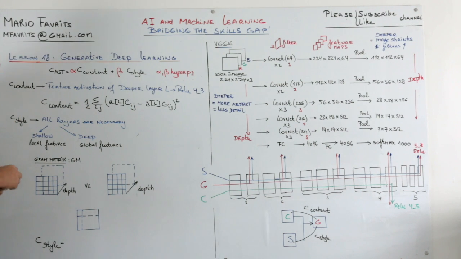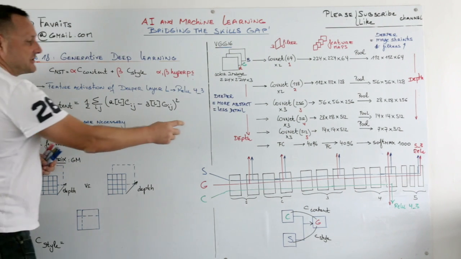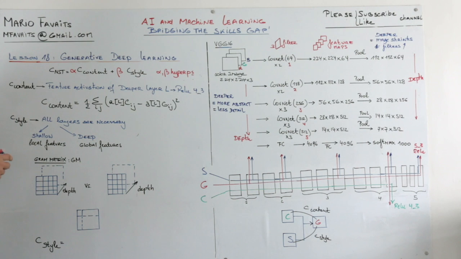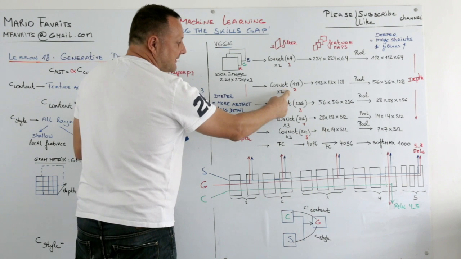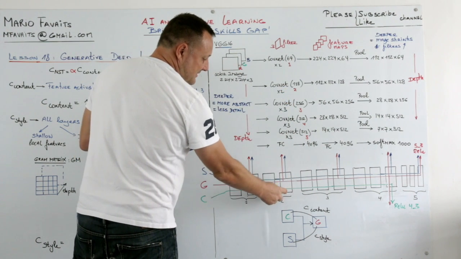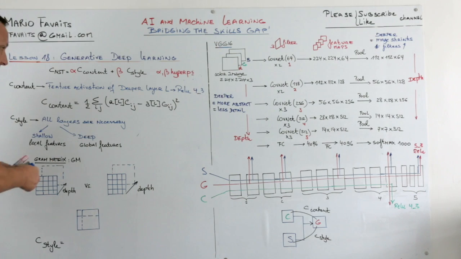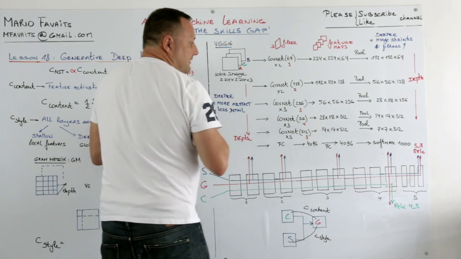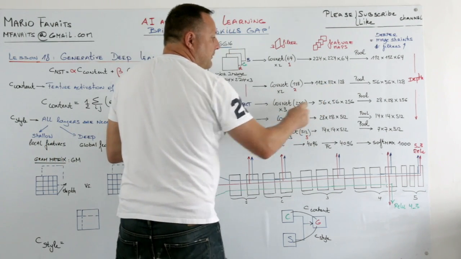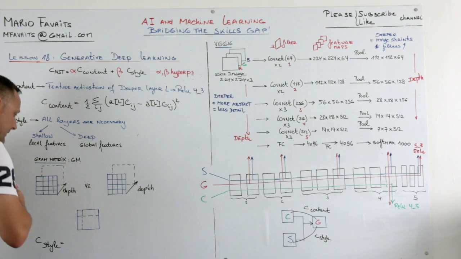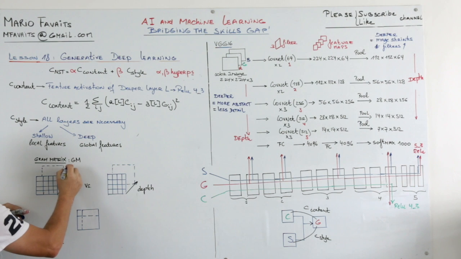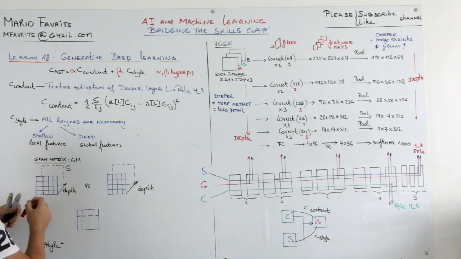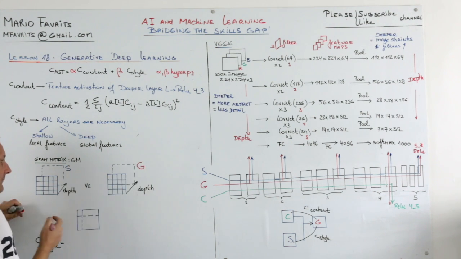So what is the gram matrix? And we will use an example from VGG. So assume that we're going to use the second block of ConvNets, the last layer. So this one here. So the feature maps are 112 by 112. So this is our S image here, and this is our G image.